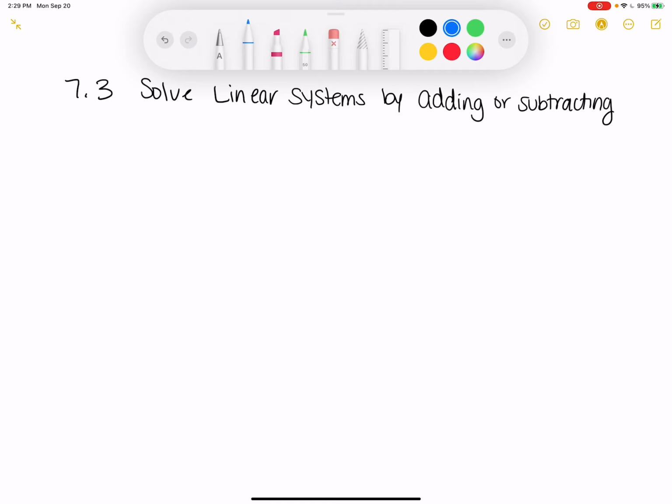But anyways, so just like we had steps for the other ones, we're going to have steps for solving a linear system using the elimination method.